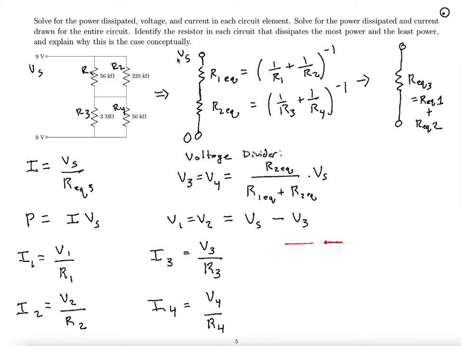And then we can just make a table of the powers. P is equal to I total times VS, we already got that.